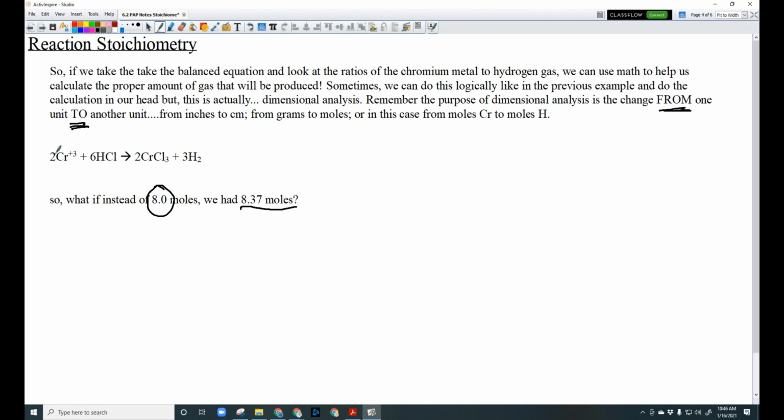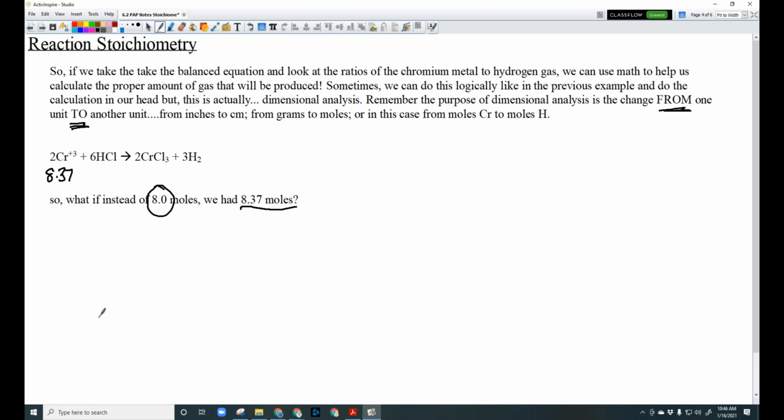We started with 8, but it takes 2 each time. So if it takes 2 each time, we saw that it took 4 moles of reaction. And each time we do, we get 3. So 4 times 3 is 12. That was easy.